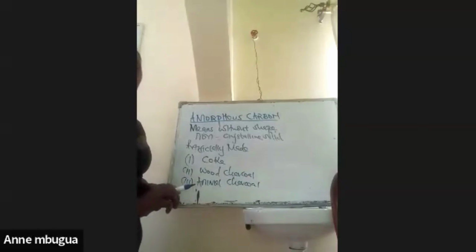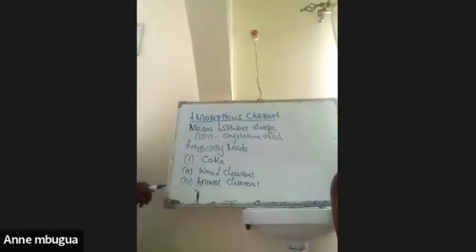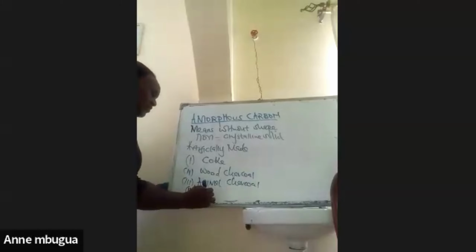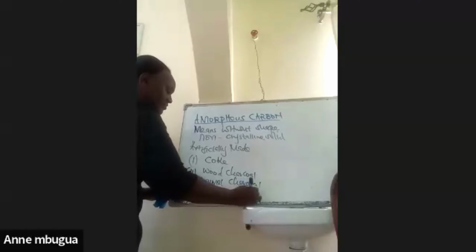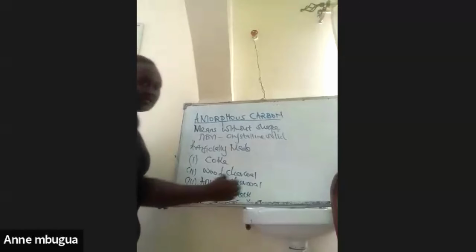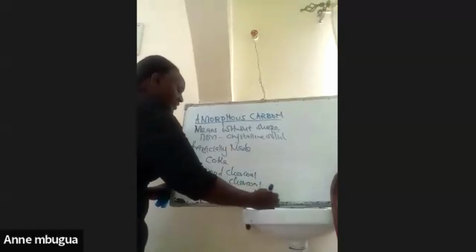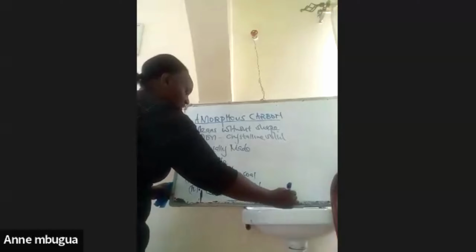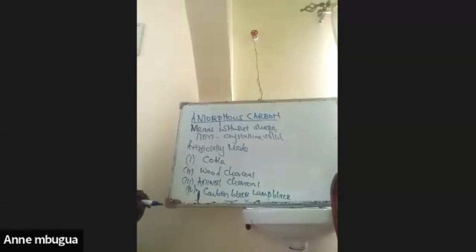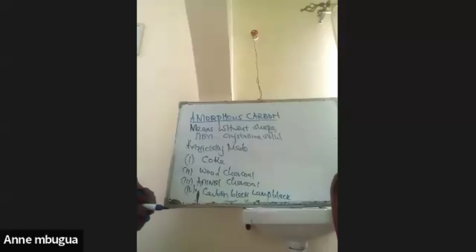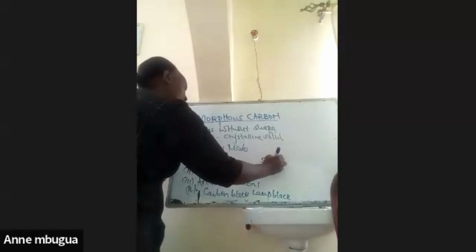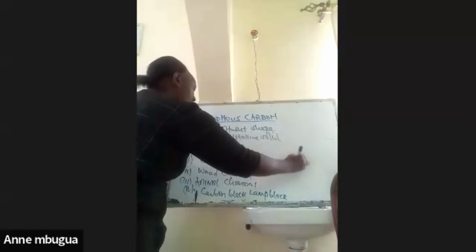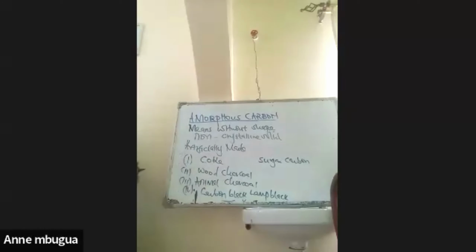We also have carbon black, also called lamp black, and the next one is sugar carbon.